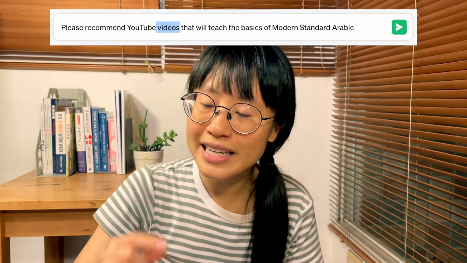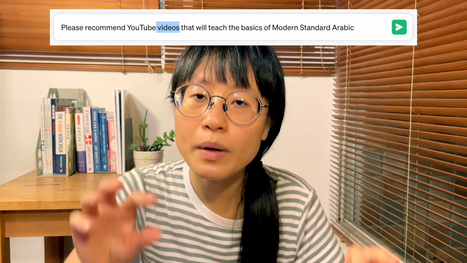And on the other hand, you could also slightly modify your prompt into, please recommend YouTube videos. Be careful here, not channels, but videos that will teach the basics of modern standard Arabic, because it is totally possible that the videos that ChatGPT recommended will lead you to the channels that you will like.